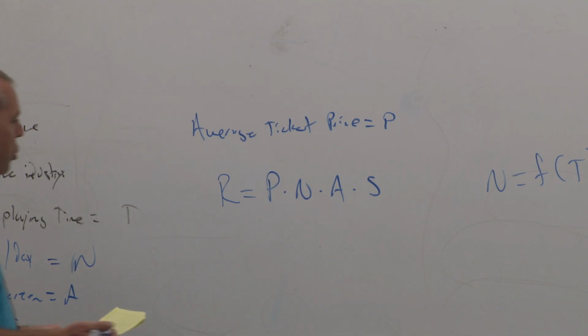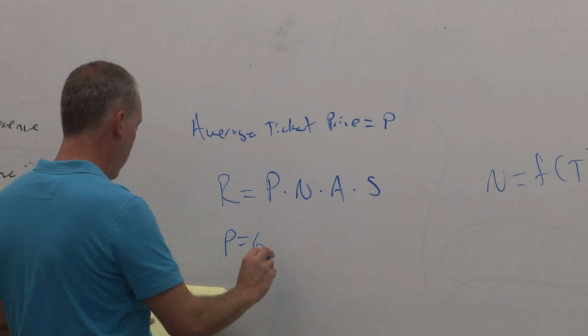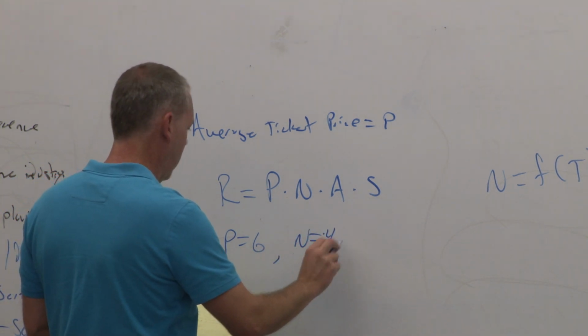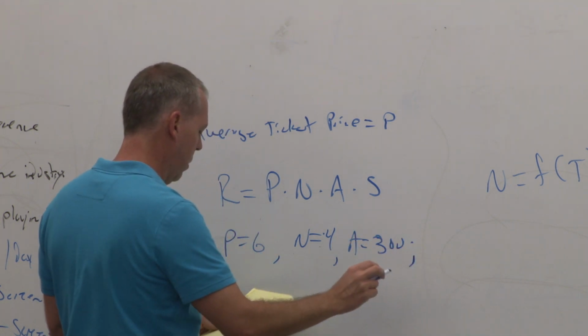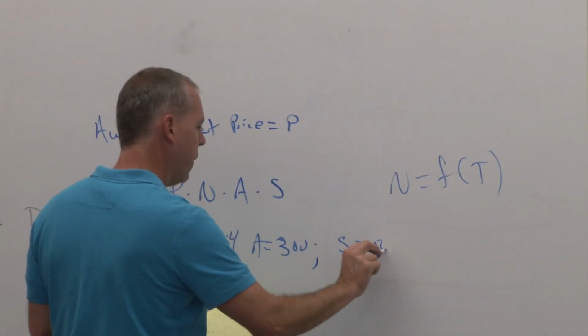Let's just assume, for example, that price is equal to 6, N is equal to 4, A is equal to 300, and S is equal to 500.